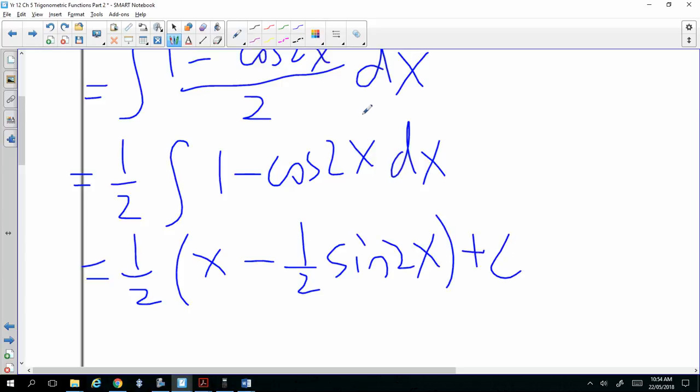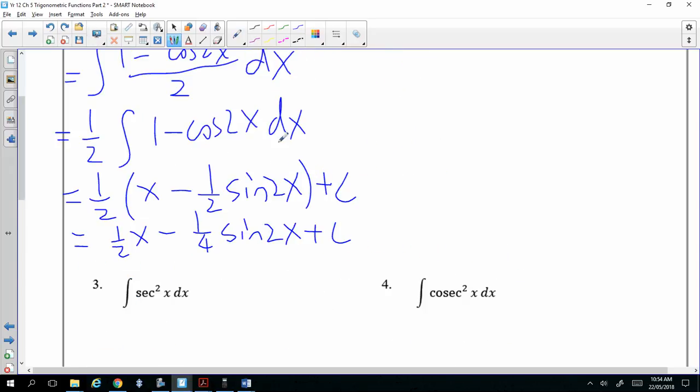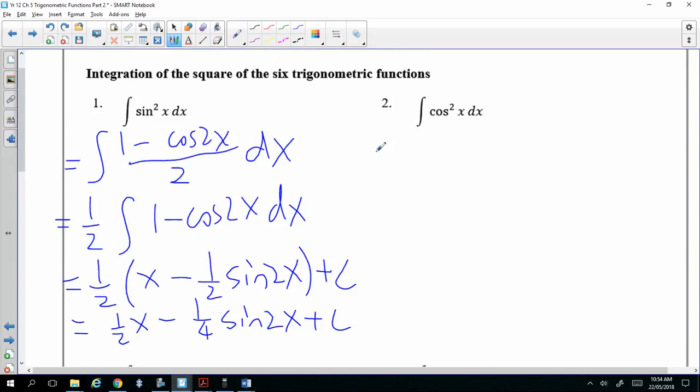Okay, try the same thing with the other one. Cos square x. Okay, good. Next one, you get this one.